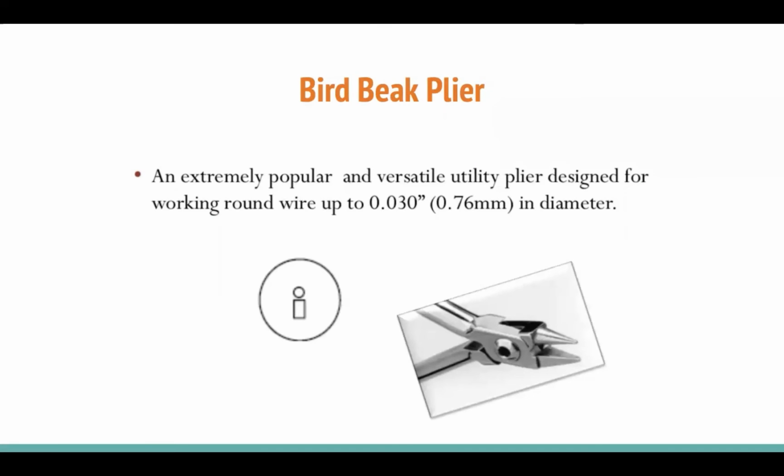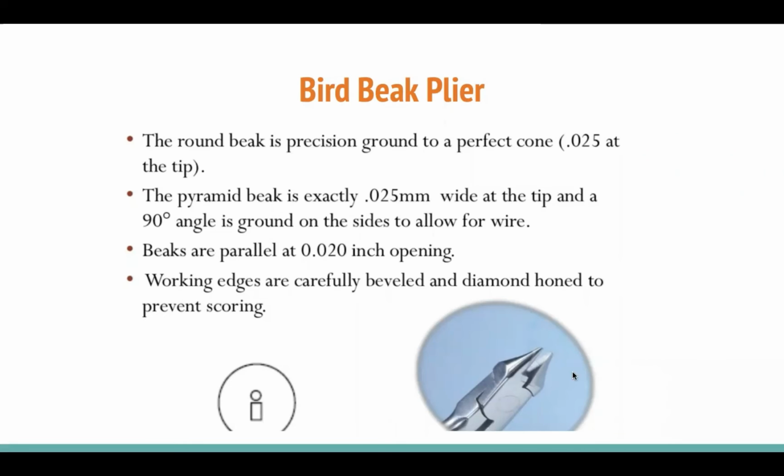So there are a lot of loops we make in the clinic with the help of the bird beak plier. The working edges are carefully beveled and diamond honed to prevent scoring. What you need to see is that this plier is serrated, okay, to have a good grip. One side is like a cone, other side is like an Adam plier.